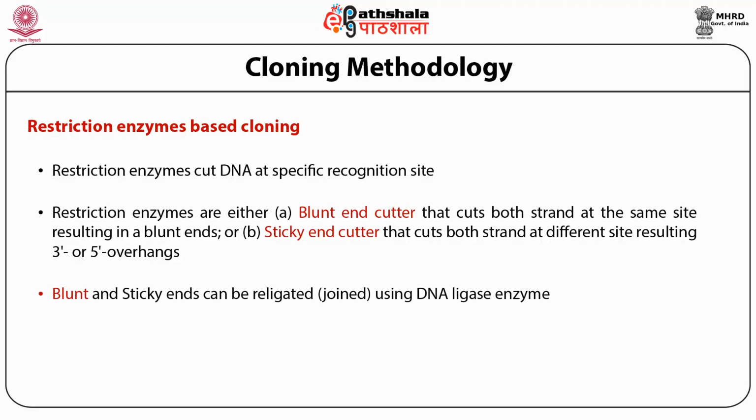Both blunt end cutter as well as sticky end cutters can be used for cloning purposes. However, most convenient to use are sticky end enzyme cutters because they leave 3 prime to 5 prime overhang, which can be religated by DNA ligase enzyme.